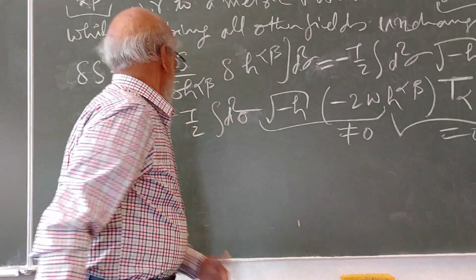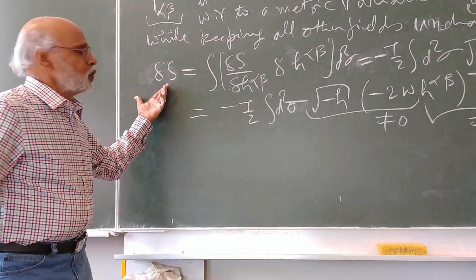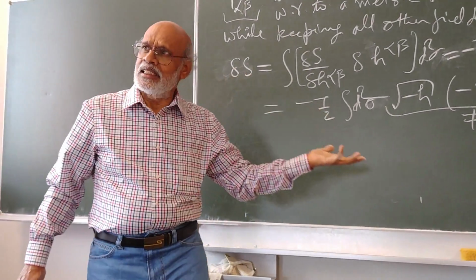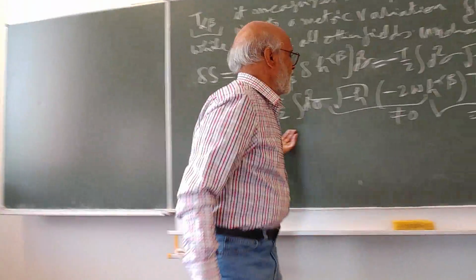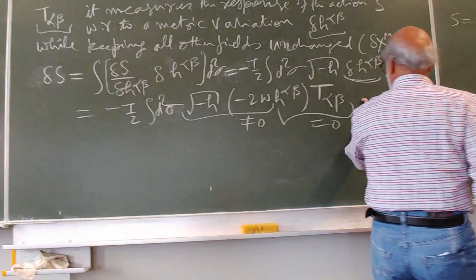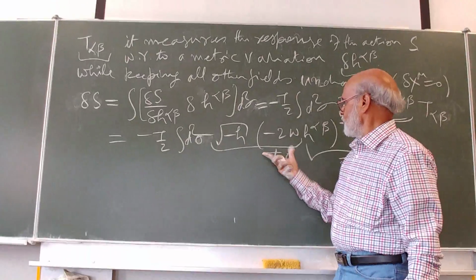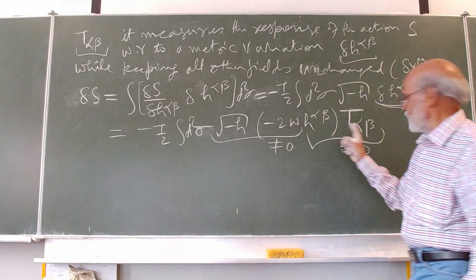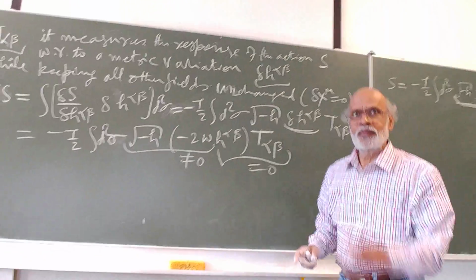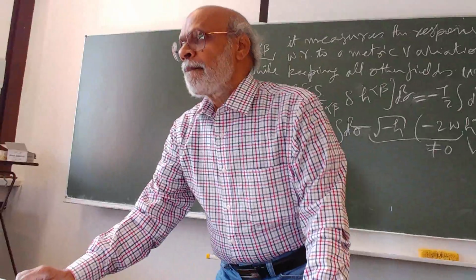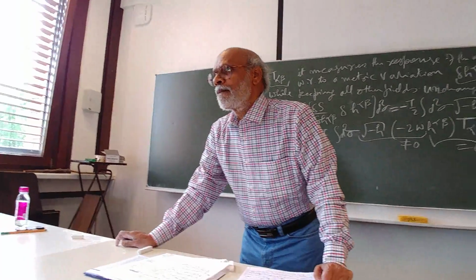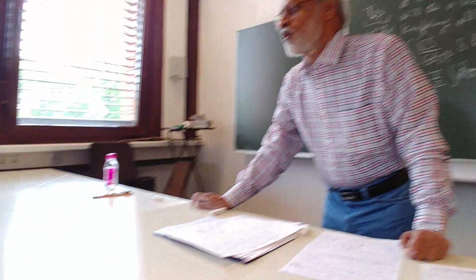Because using the variational principle, if this delta S has to go to 0, and if I equate it to 0, then something has to vanish. This guy is non-zero, this into this is non-zero, so this into this could be 0, and that is true. But then we also assume that the variation of H is such that the determinant of H doesn't vary.